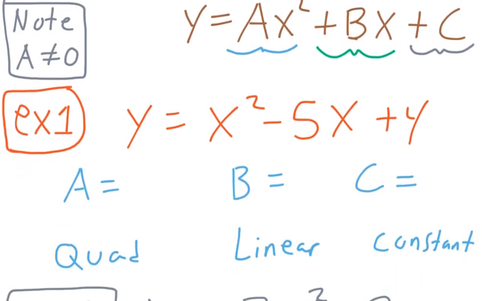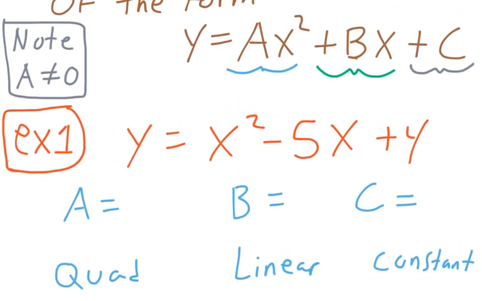So here's the first example. If I have y equals x squared minus 5x plus 4, what that means is my a, the one in front of x squared, well, that's the invisible 1. So a, in this case, is 1. Look over here: minus 5x, that means the b is negative 5. And c, there's a plus 4, so c is 4.